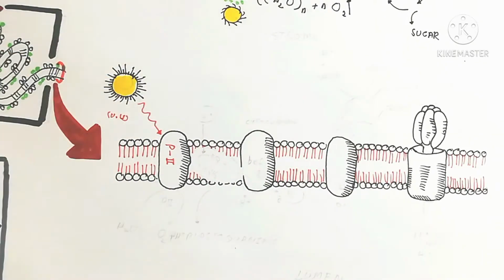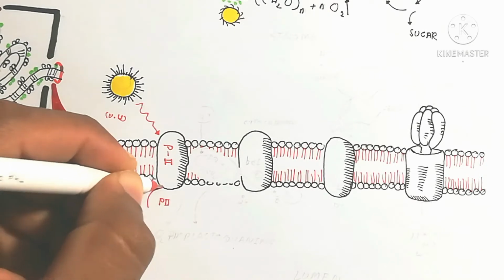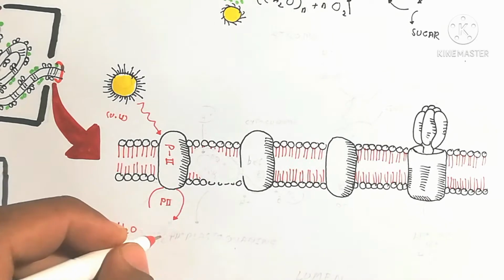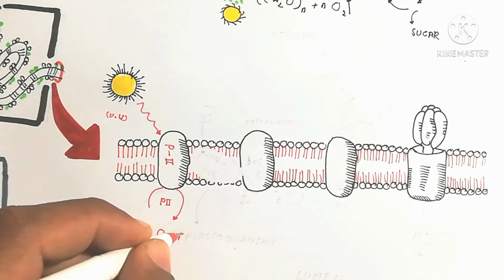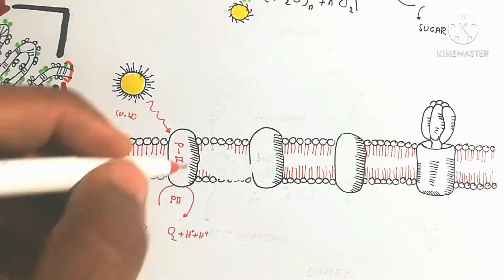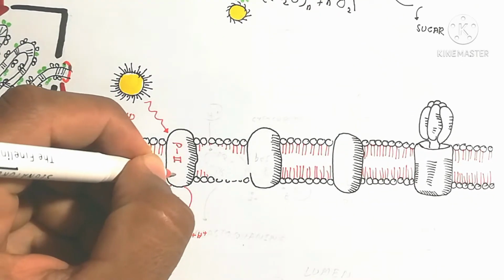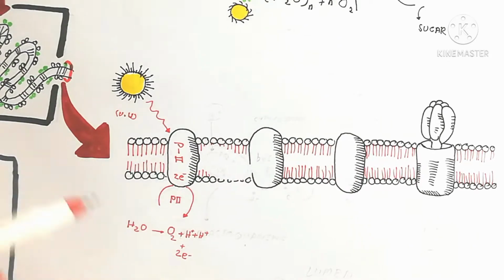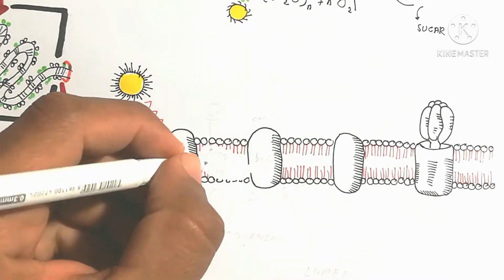So here the sun rays are scattered and fall on photosystem 2, and this photosystem 2 is basically where water photolysis, also known as hydrolysis, occurs. Water will be split into oxygen.